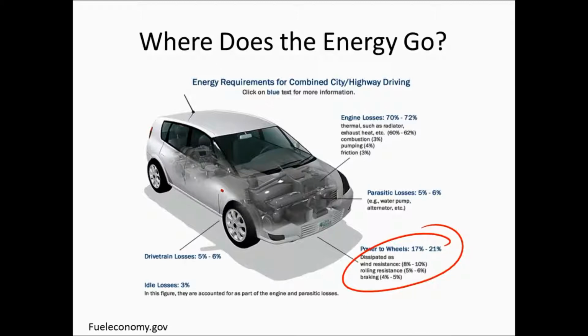Okay? Now, let's think about where we lose energy. The first thing we look at is an engine. Now, we talked about this before. At least for a traditional engine, you have to remember that the maximum efficiency is 1 minus the cool temperature divided by the hot temperature.